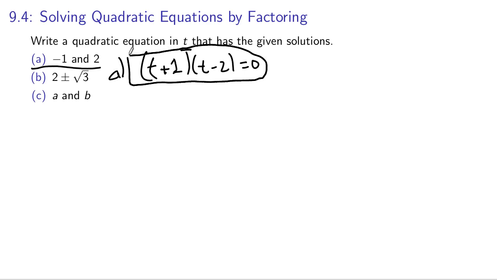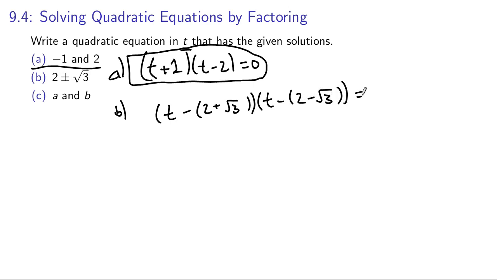Part B, there's a couple ways we could do B. We could just again write t minus 2 plus square root of 3 times t minus 2 minus the square root of 3 equals 0. That's one answer. Another answer would be to realize that if this is true, then t has to equal 2 plus or minus the square root of 3.